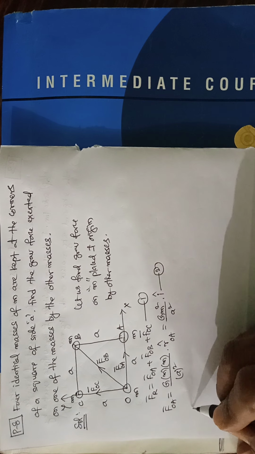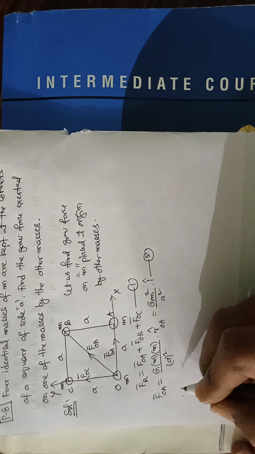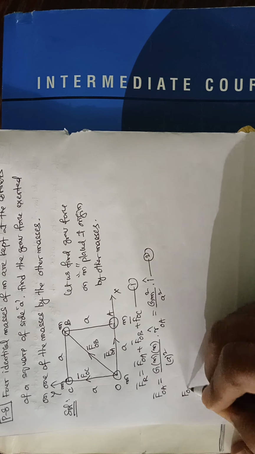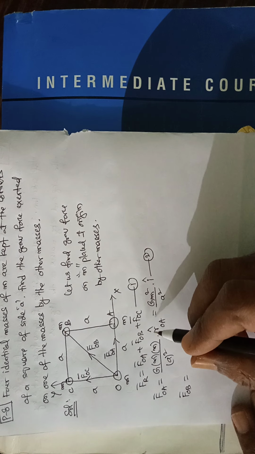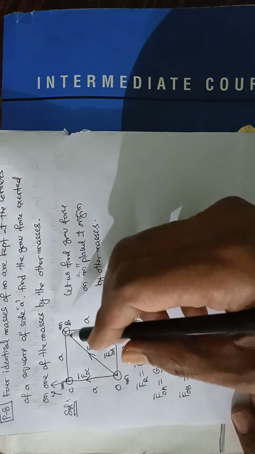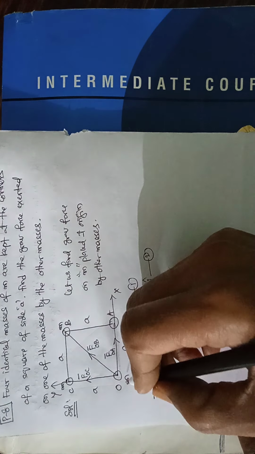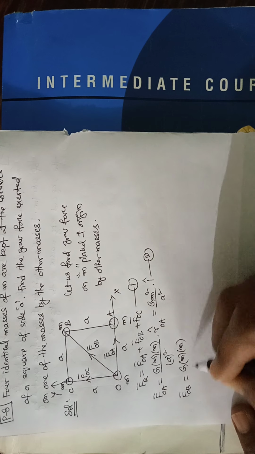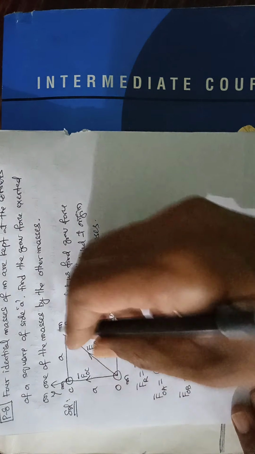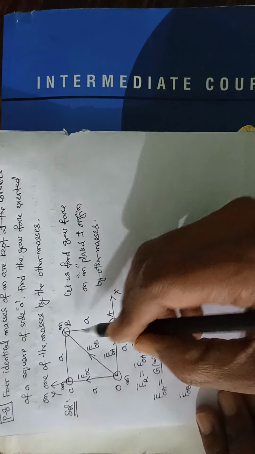Next FOB. Force on O by B is capital G, M into M by the distance. This is a square and this is a right angle triangle.